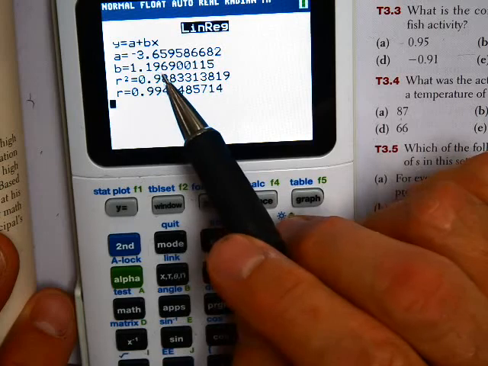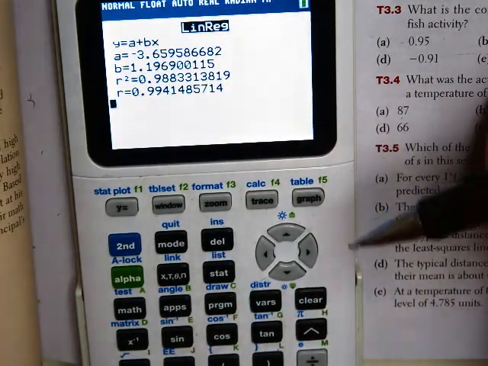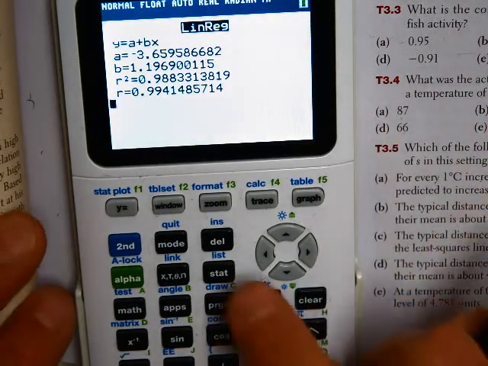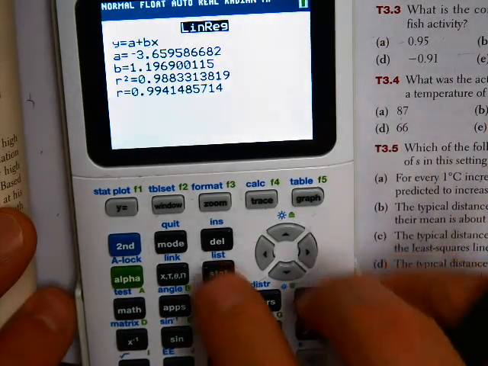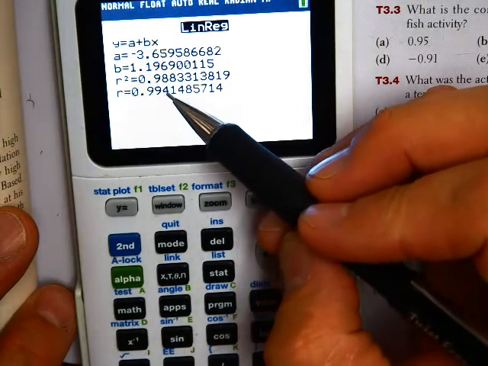Slope is about 1.2. Now if I do the inverse of that, where I make the y the x and the x the y, is the slope going to be the same? By the way, look at the r value here. We can verify that. 0.994.